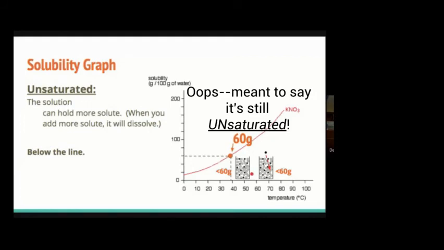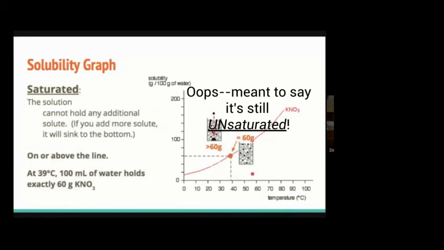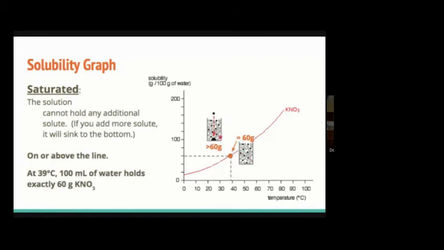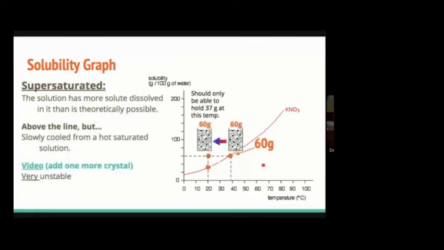Now, we just got through saying, and I'm actually going to go back to this last slide, that anything above the line is saturated, but there is a situation where you can have a substance above the line that we call supersaturated. You have to be really careful with the wording, though. Let's take this example.